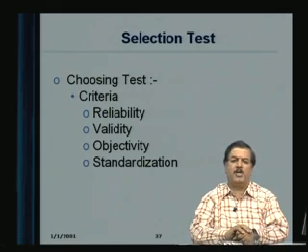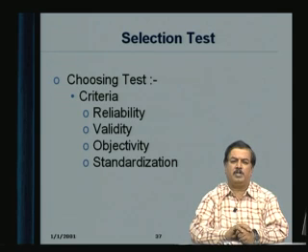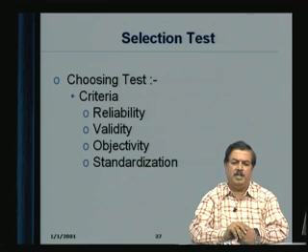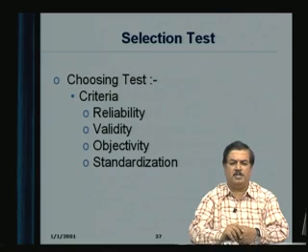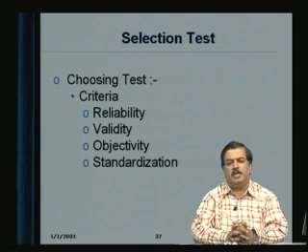So, whatever it may be, one has to look very closely when selecting the test. In terms of the criteria, what is its reliability? That means whenever you are able to repeat the test, it gives almost similar results. And also validity, in terms of what it is supposed to measure and whether it measures that or not, and whether such measures correlate with similar measures.